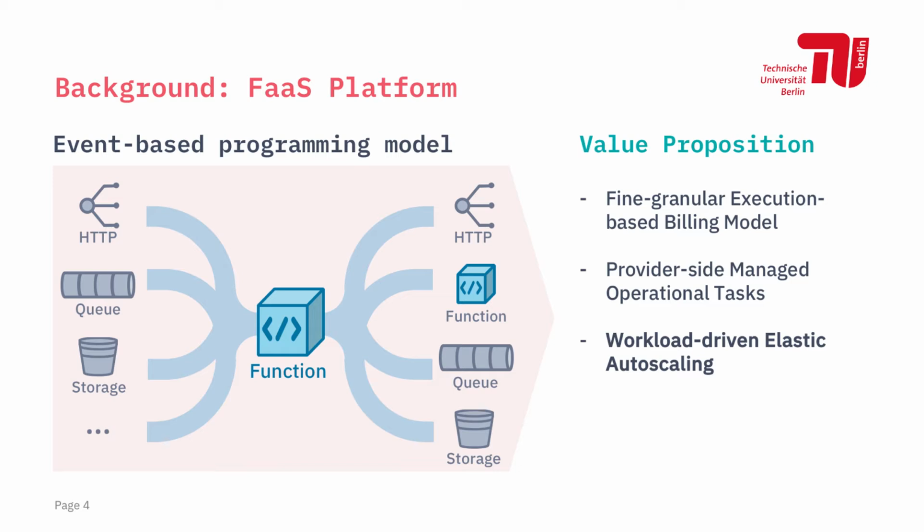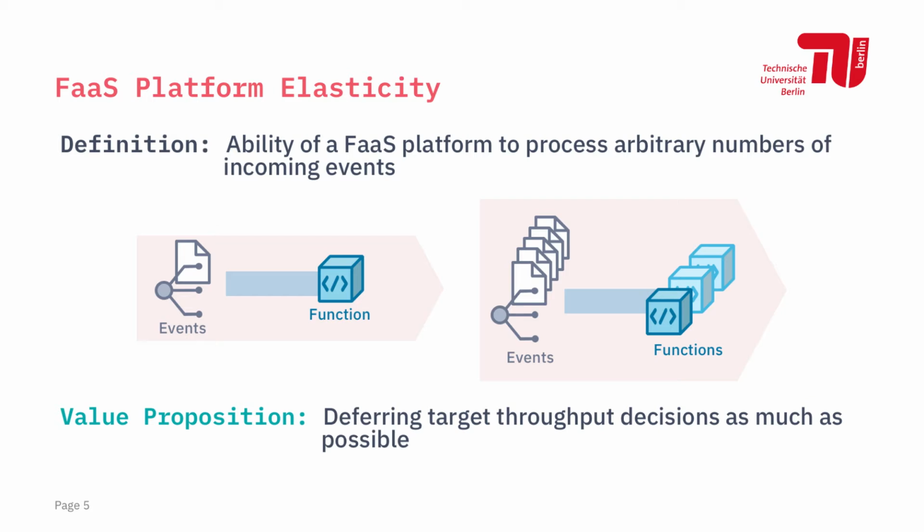And lastly, and most interesting for this work, FaaS platforms offer a workload-driven elastic autoscaling, meaning that the provider decides how to respond to an increase in load, and you as a developer don't need to care about this anymore. We focused on this elasticity of FaaS platforms, specifically the ability of FaaS platforms to process arbitrary numbers of incoming events.